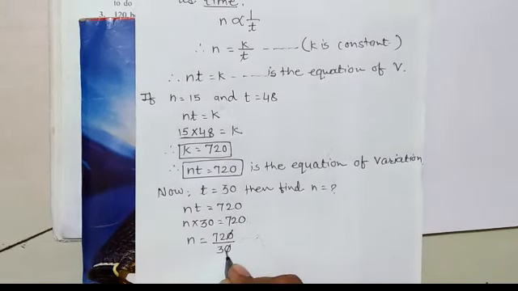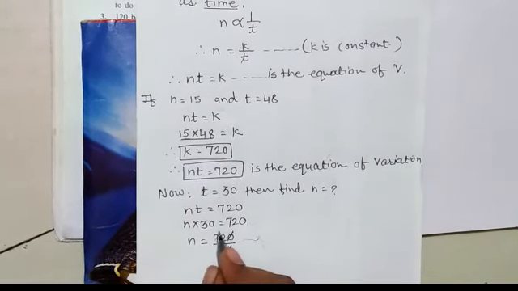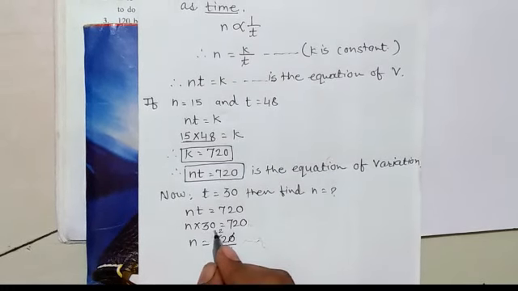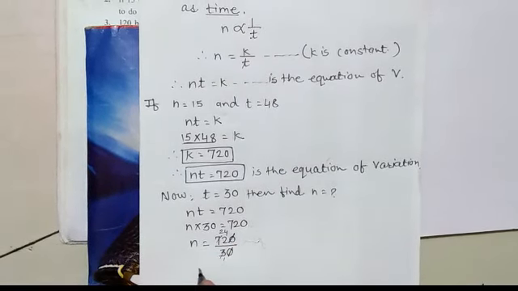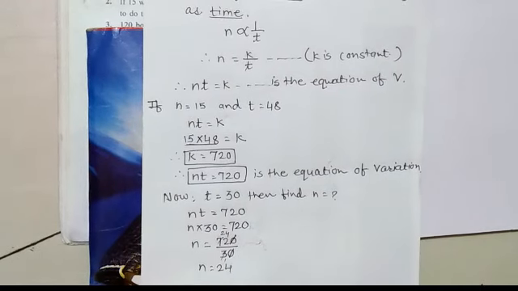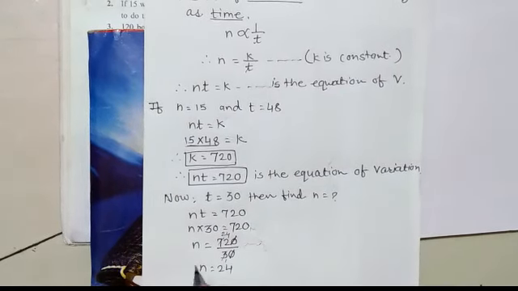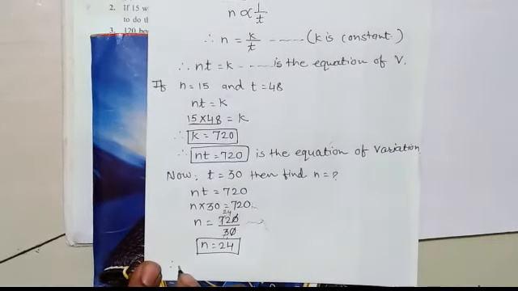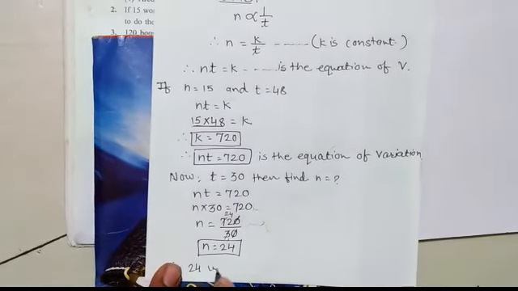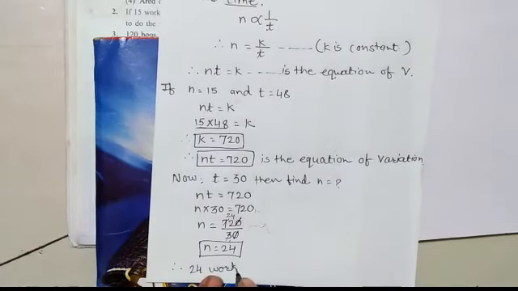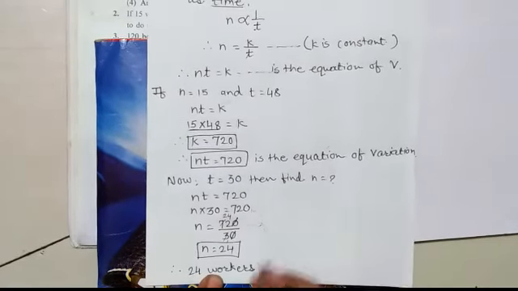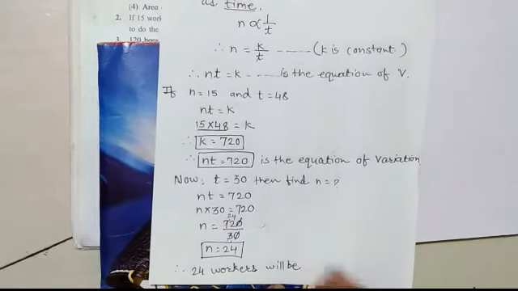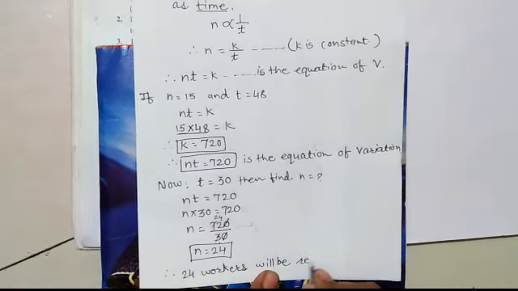The 0s will be cancelled. 3 ones are 3, 3 twos are 6, 1 will remain, the number will become 12, 3 fours are 12. So n is equal to 24. This is the answer. Therefore, 24 workers will be required.